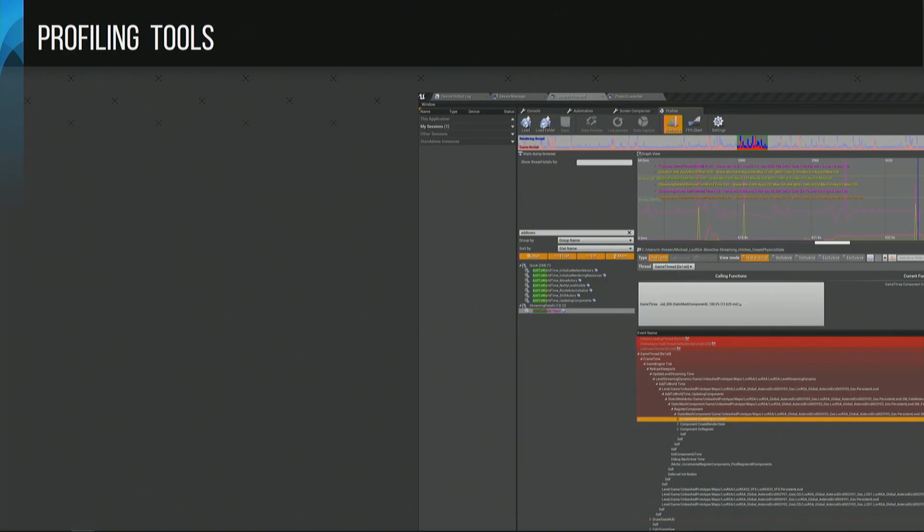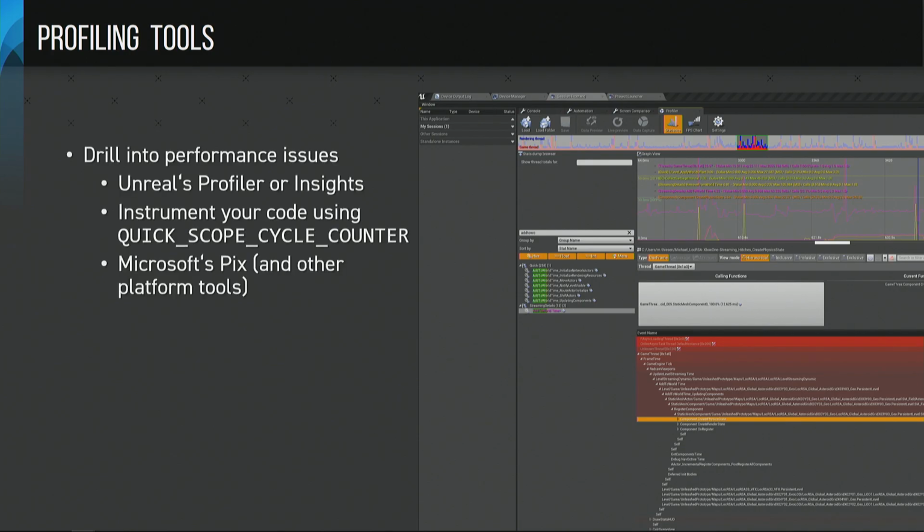But as I also said, we very much needed to go in manually and profile in detail, right, in order to find out what our actual performance issues are. For this, you can use tools like Unreal's Profiler or Unreal's Insights, for example. Just make sure that you instrument your code properly. You have these cycle counter macros that you need to put wherever you think there's something performance heavy going on.